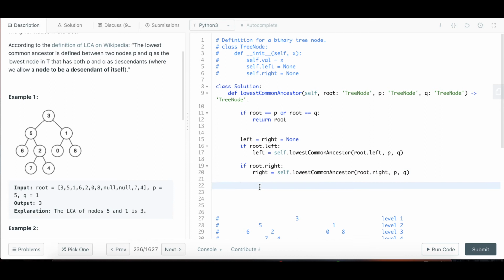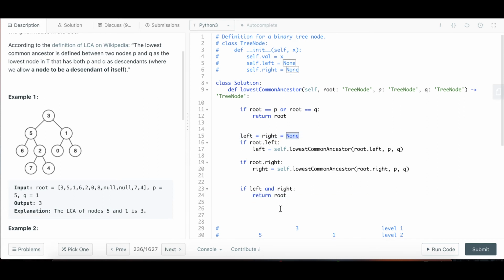You know the answer, the lowest common ancestor is going to be root, but how are we going to decide on this? We say if both left and right are not none anymore, both of them got updated somehow, then root is the result.